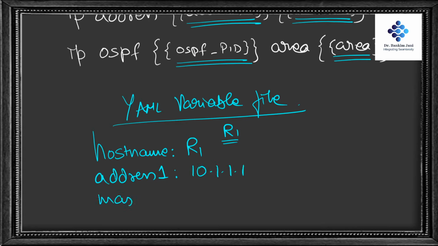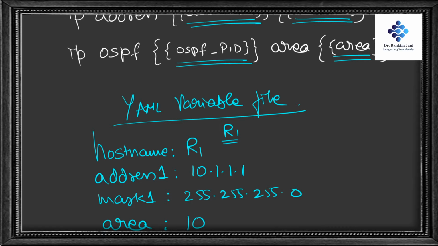This was mask 1, so we'll put 255.255.255.0, and then similarly OSPF ID and area, etc. So you say area, and let's say area 10, and that's how it can be defined.